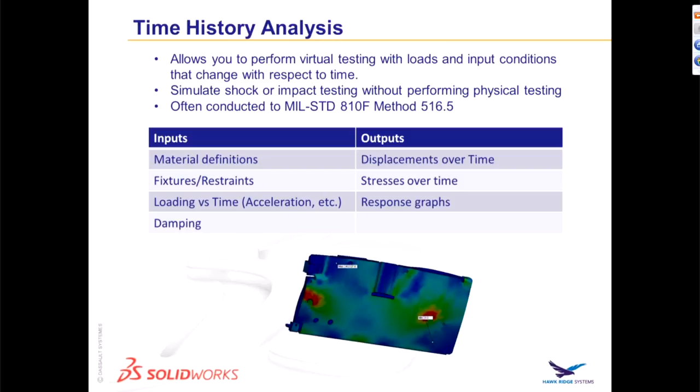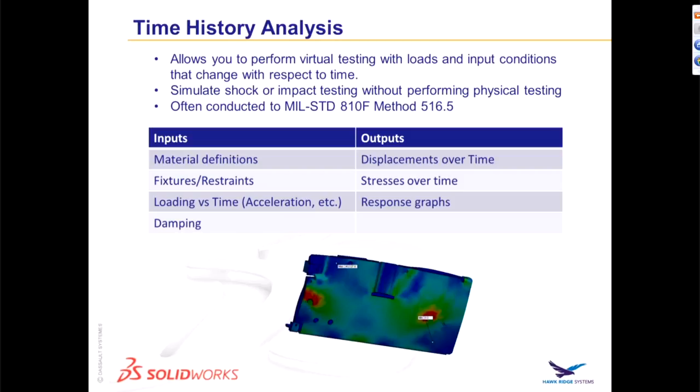So again, this is a type of simulation you might need to do in mil-spec situations where you have a product that is mounted to a vehicle that is going to likely encounter some sort of a shock or collision. And we're still going to put in material definitions and fixtures and restraints, but we'll also now be able to input as loading conditions, not just forces or displacements or pressures, but we'll actually be able to input accelerations or velocities as well as a load.